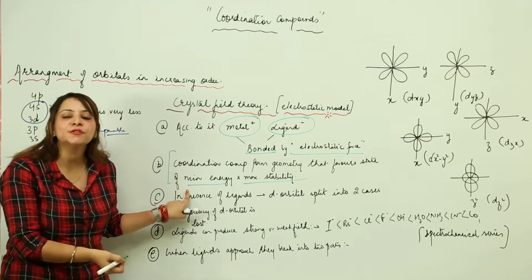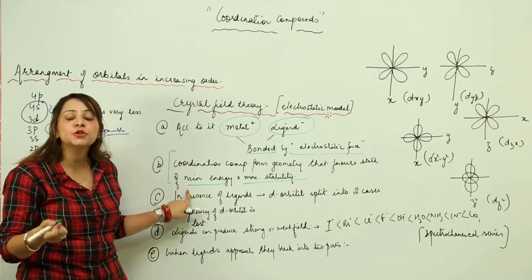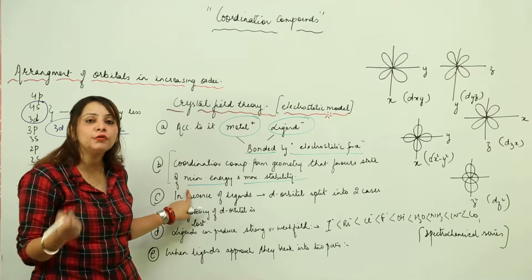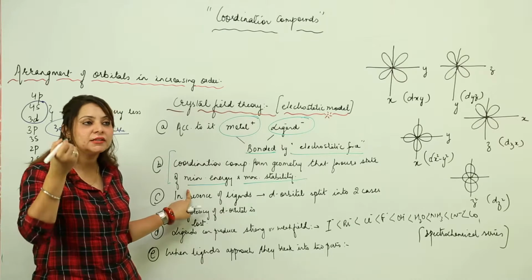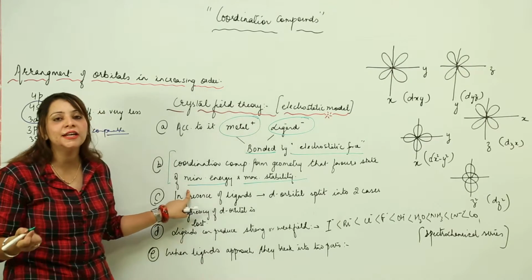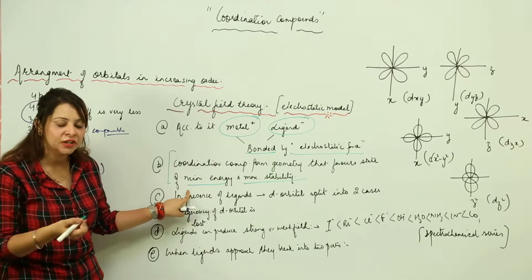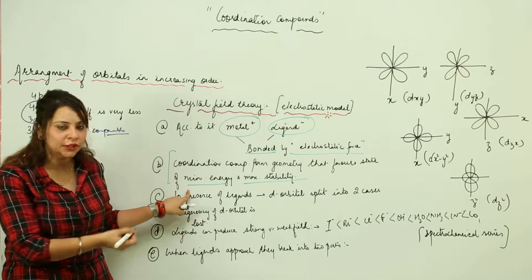Not only in this case, in every compound, every electron pair tends to move away from each other in order to minimize the repulsion and get a state of minimum energy and maximum stability. Everything in the universe is struggling for stability, and coordination compounds are doing the same.